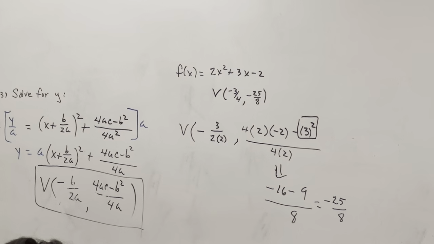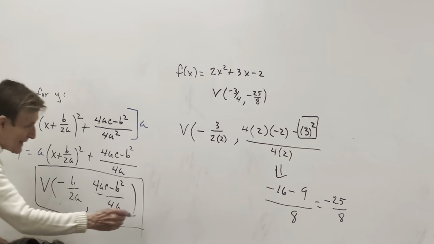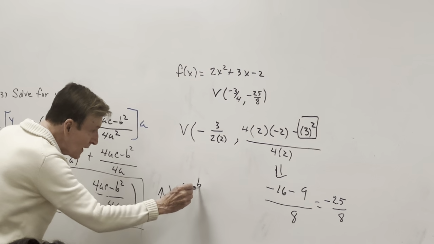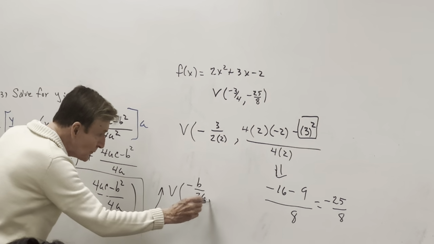Therefore, there is another way to find that second coordinate, in our case negative 25 over 8, without the 4ac minus b squared business, a little bit quicker. I like this though. Vertex. Yes, negative b over 2a. Now we'll throw it out here.